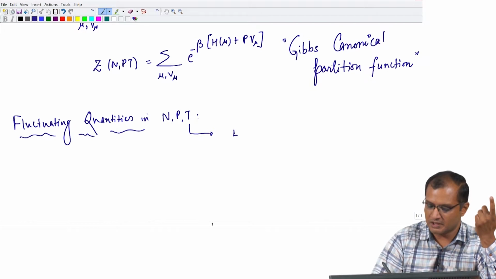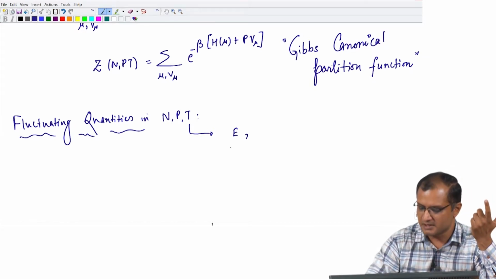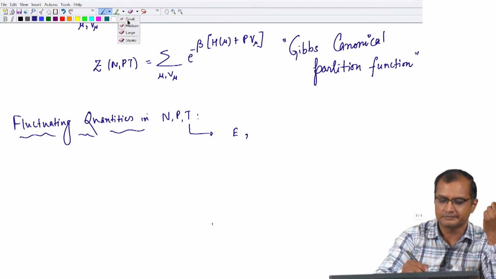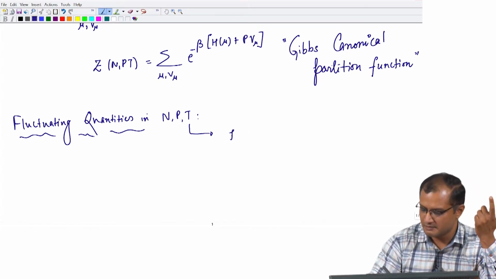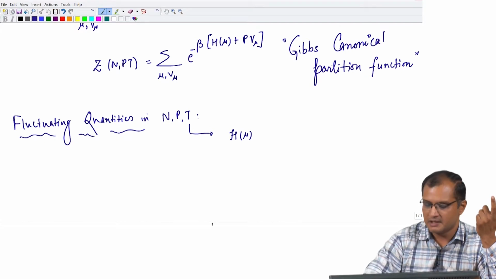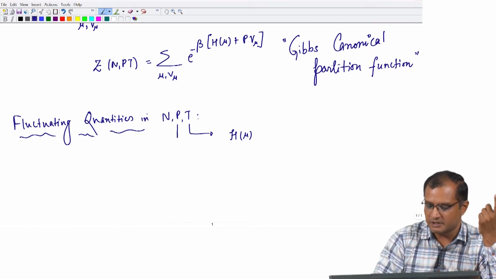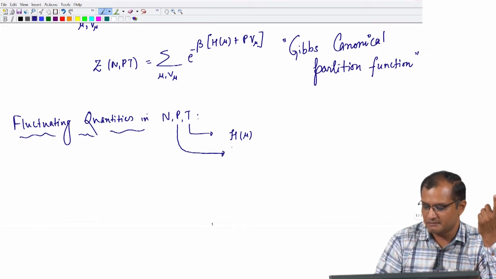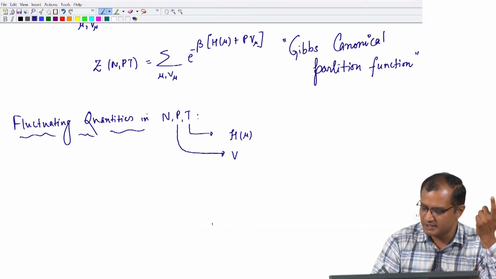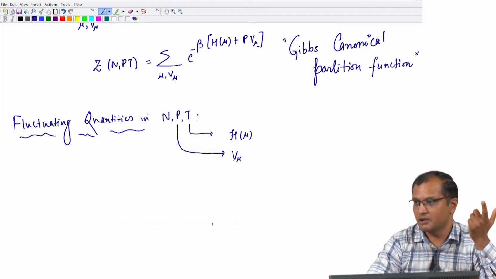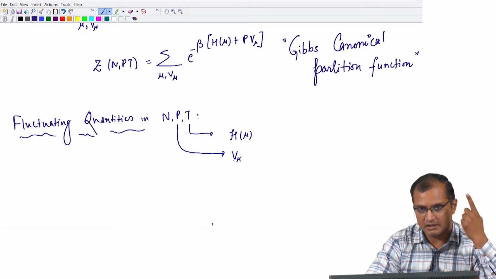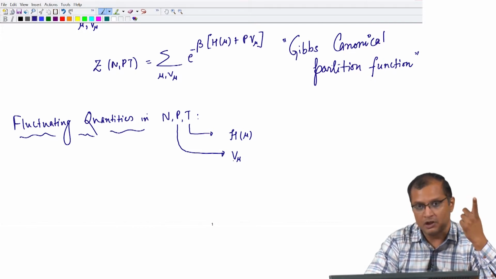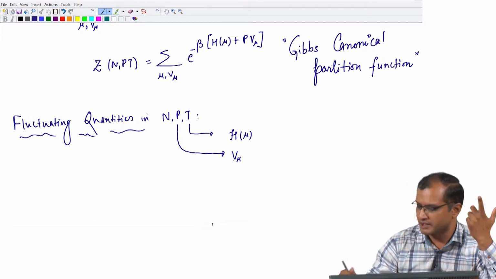So, there are two quantities that are fluctuating, one is energy, or I will say the Hamiltonian, that fluctuates, and there is one more thing that fluctuates. To maintain pressure, I must allow for fluctuations in the volume. Okay. So, there are two quantities that are fluctuating in my system, the Hamiltonian or the energy, and volume.